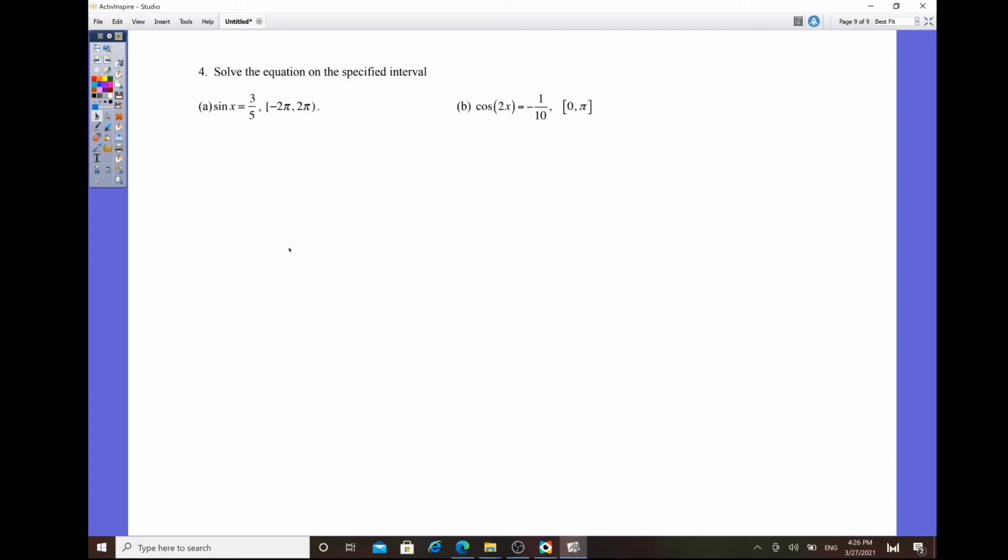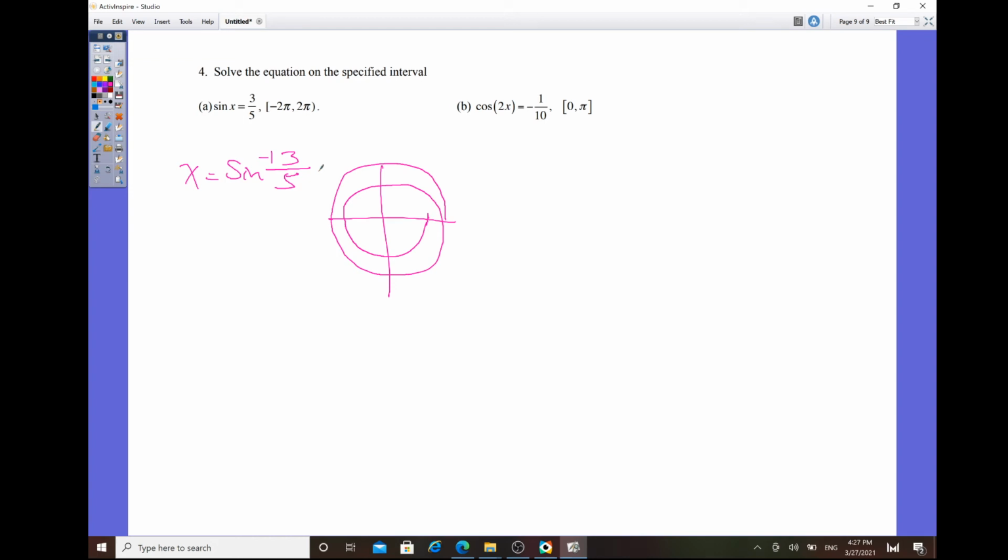This one goes all the way from negative 2 pi to 2 pi, so that means it goes from here all the way back to 2 pi. So go around the unit circle twice. So sine of x is 3/5, which means x equals inverse sine of 3/5.